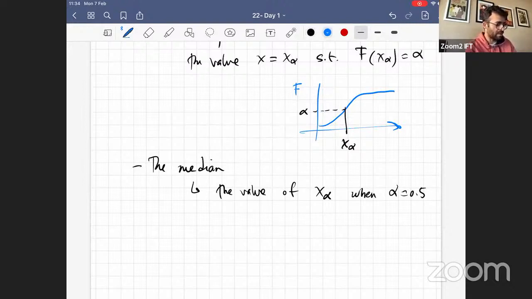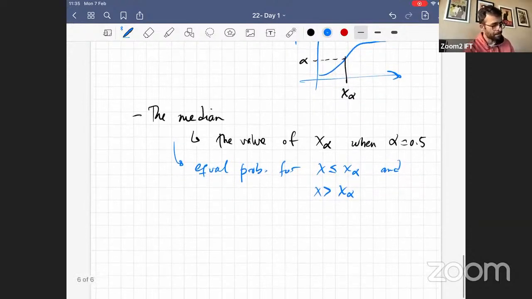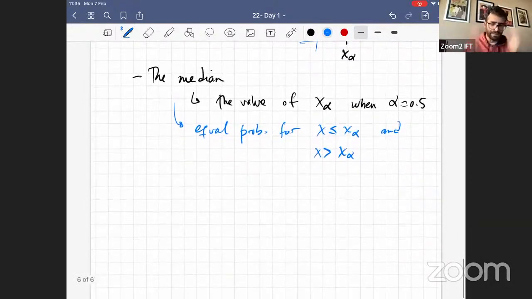And in a way, this means there is equal probability for x being smaller than this x alpha and for x being larger than x alpha. Okay. This is how the median is defined, where the probability mass is equally to the left and to the right of that value.